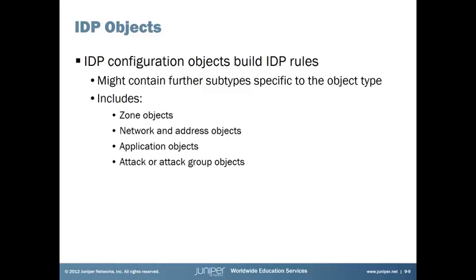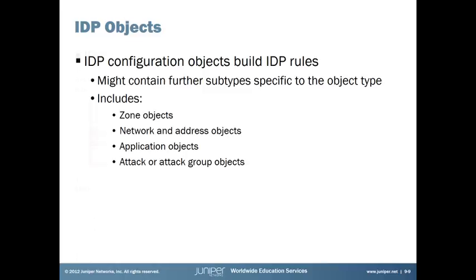They might contain further subtypes specific to the object type. They would include zones, so you will say from a zone to a zone, network and address objects, from a source, to a destination, application objects from an application, and there will be an attack or attack group object specified within the rule.